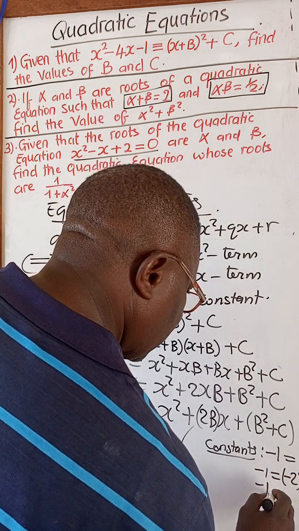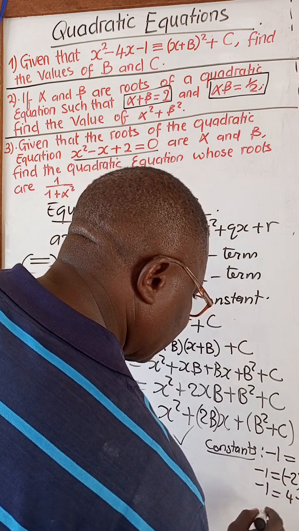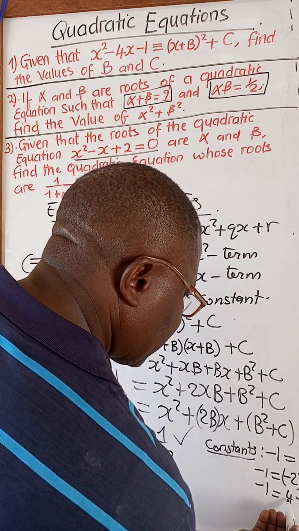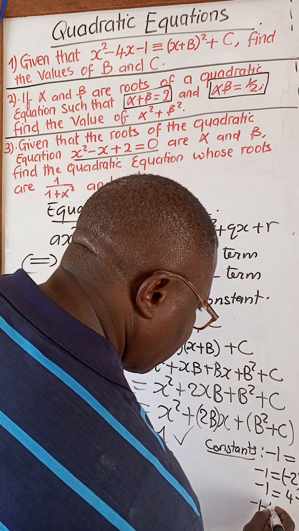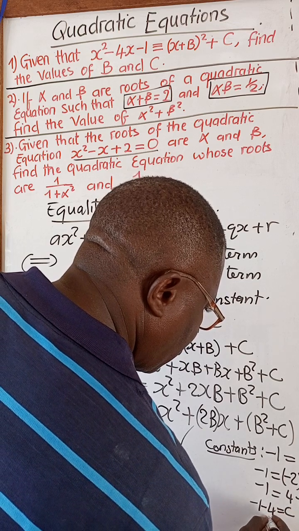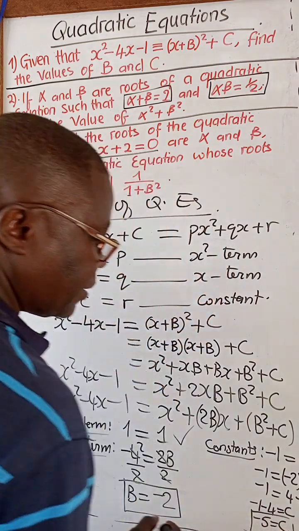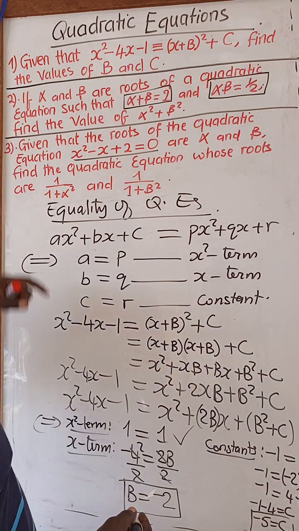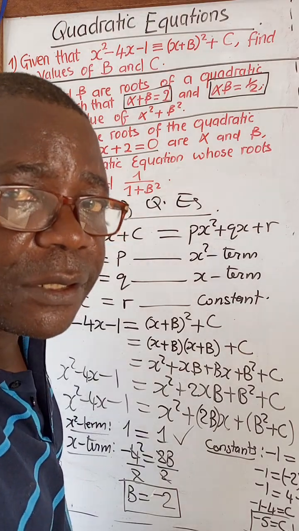So we have negative 1 is equal to negative 2 squared, which is 4, plus c. If we take this positive 4 to the left hand side, it becomes negative 4. So we have negative 1 minus 4 is equal to c. And so our c is negative 5. So this gives the solution of the value of b and c in our first equation.